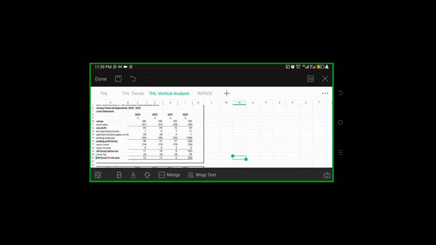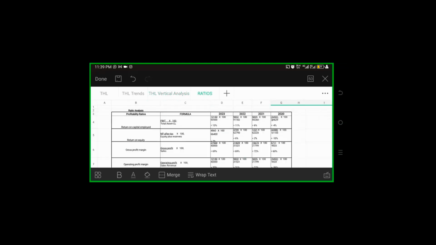For example, in your financial ratio analysis, return on capital employed for 2020 is -4. When I'm writing it in the report, will I say -4%, or will I say negative?